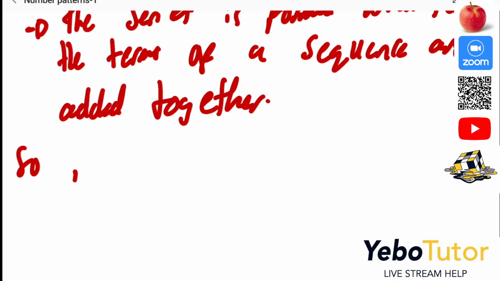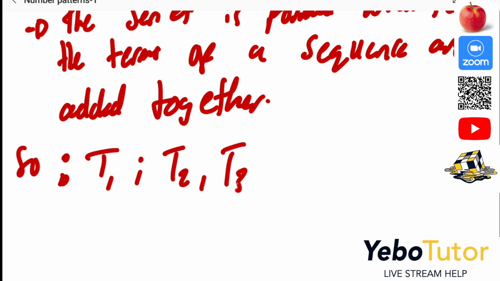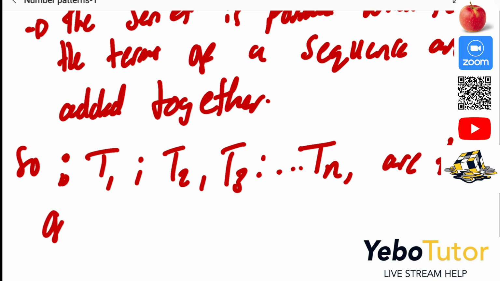for instance, we have these different terms. So T1, which is term number 1 of the sequence, T2, T3, until we arrive at Tn, are the terms of the sequence.